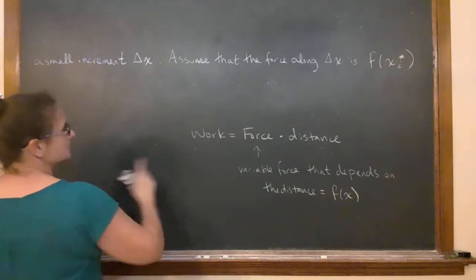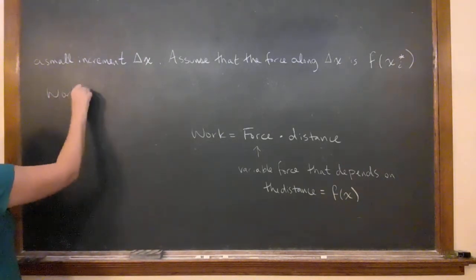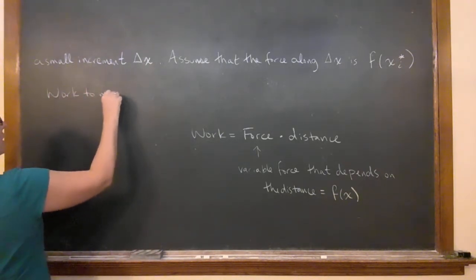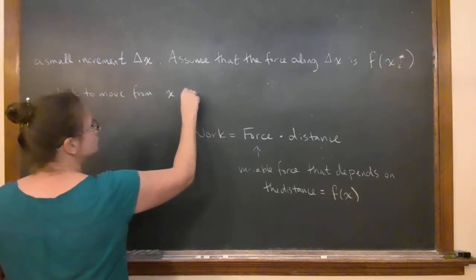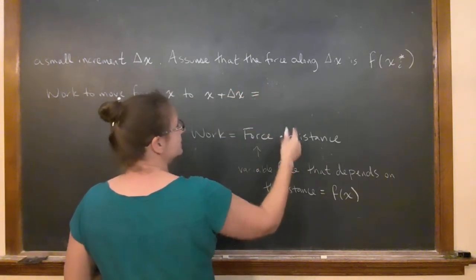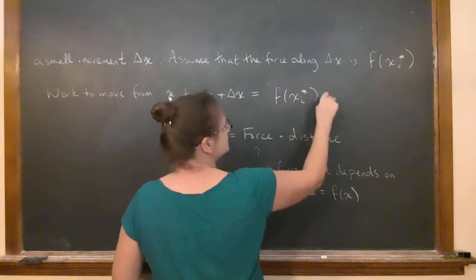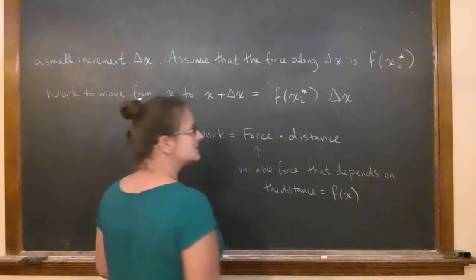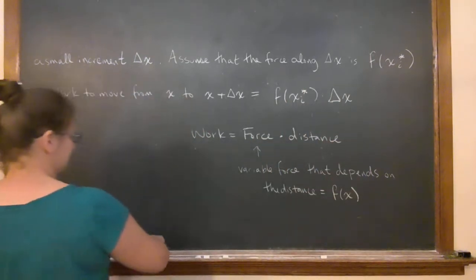Then, using this idea, the work to move your particle from x to x plus delta x is again the force, which is f of xi star, times the distance. And the distance is delta x, right? Because we moved it from x to x plus delta x.